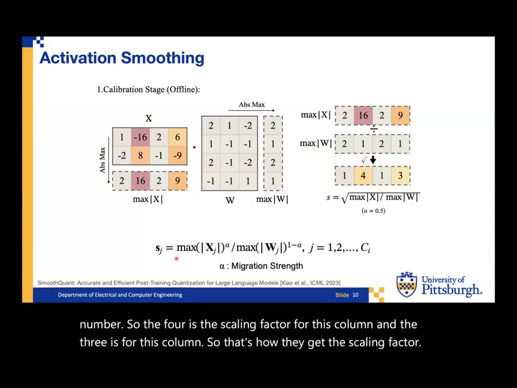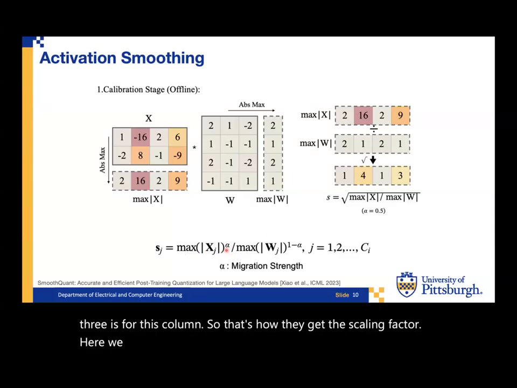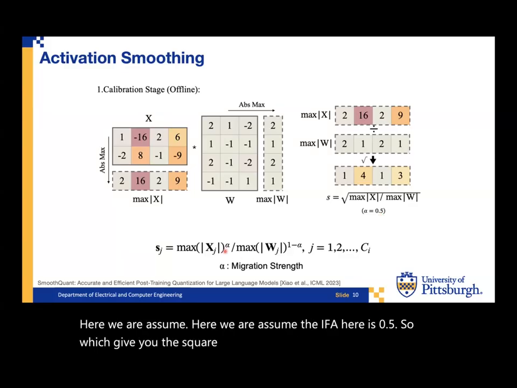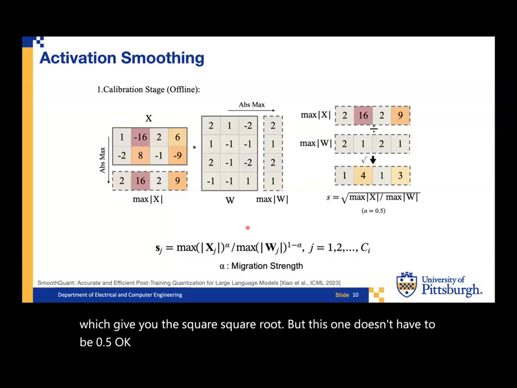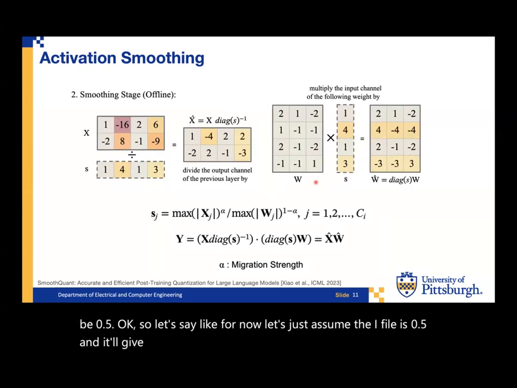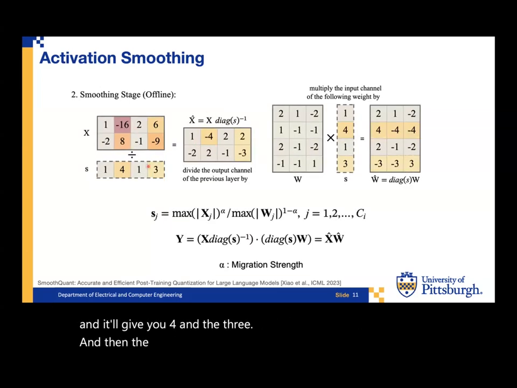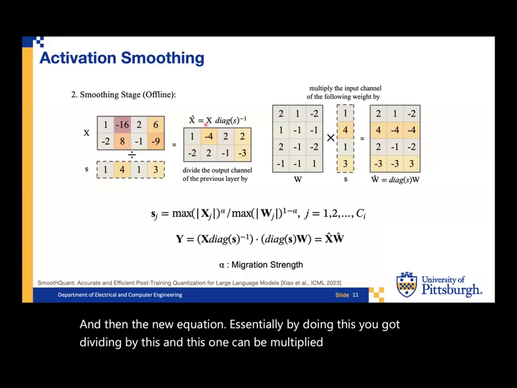Here we assume the alpha is 0.5, which gives you the square root. But this doesn't have to be 0.5. For now, let's just assume alpha is 0.5, and it gives you 4 and 3. Then, in the new equation, the activation is divided by these, and the weight is multiplied by these, giving the new matrices.